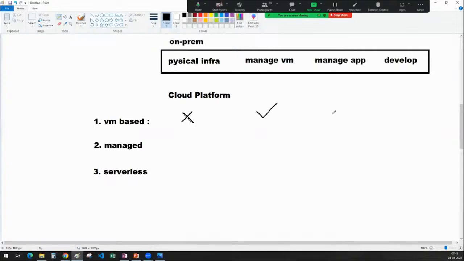You have to manage your application platform as well as development. VM based services are also called hosted services, guys. Here you need not manage the infrastructure, because it will be provided to you in the form of a virtual machine.